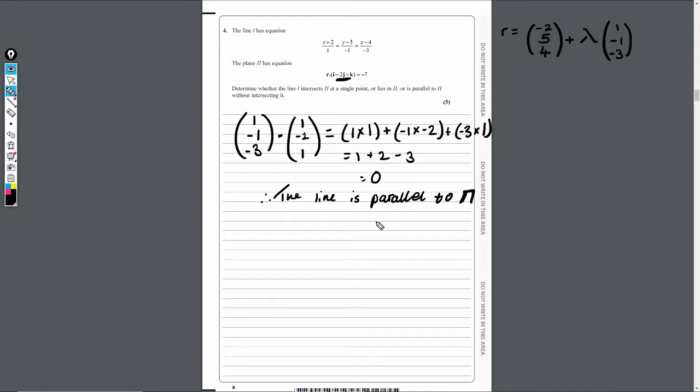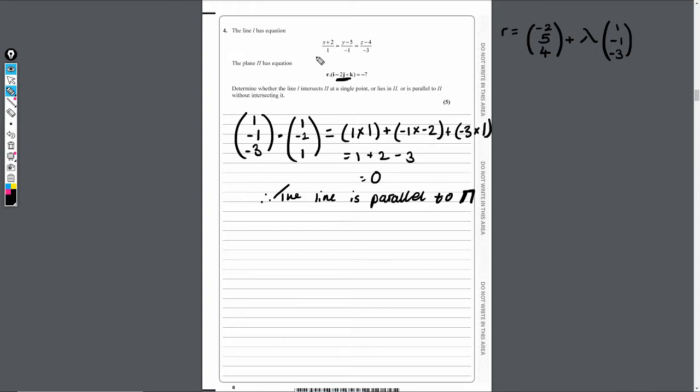But now we need to consider whether it actually lies on the plane as well. What we've got to consider here is a point on the line L, and then substitute this into the plane and see if it still lies on the plane.